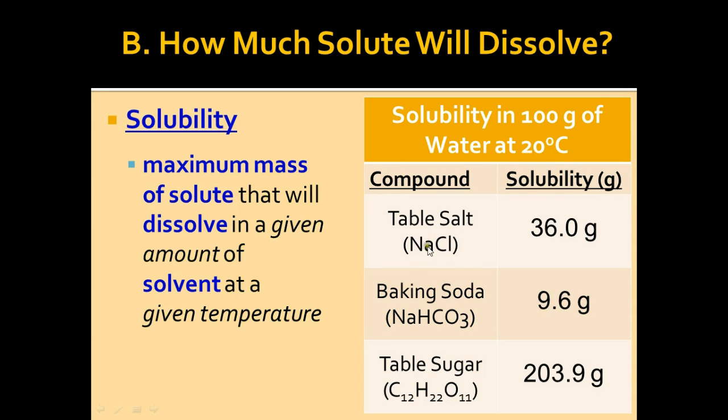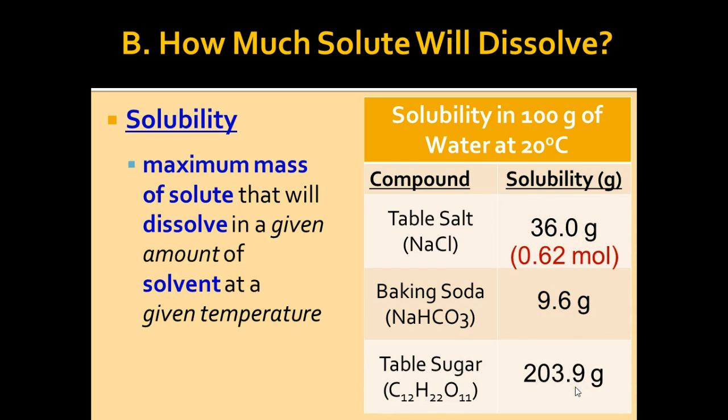And so here we have several substances, and notice how there's different amounts of solute that's dissolvable in 100 grams of water at 20 degrees Celsius. So notice there's 36 grams of table salt, 9.6 grams of baking soda, and 203 grams of table sugar.